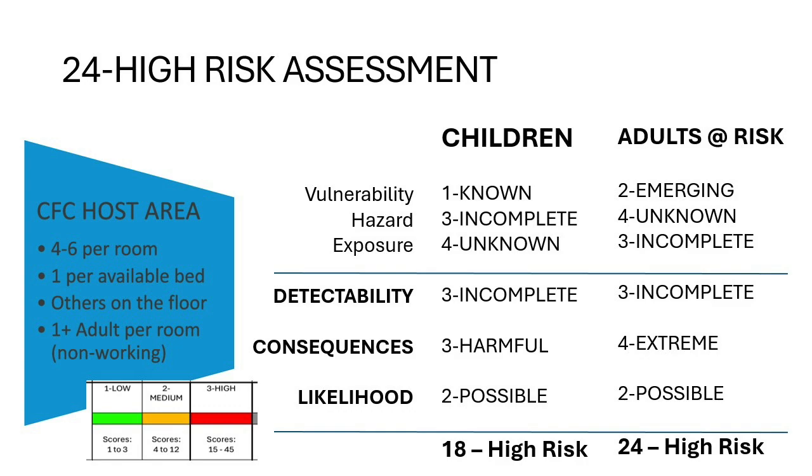And in the next 50 years, we're supposed to keep records, right? So that people who then are accusing of historic abuse. So you multiply the detectability of 3 incomplete times consequences, which is 4 extreme, and the likelihood of 2 possible. 3 times 4 times 2 is how we arrived at a high risk assessment with a score of 24.